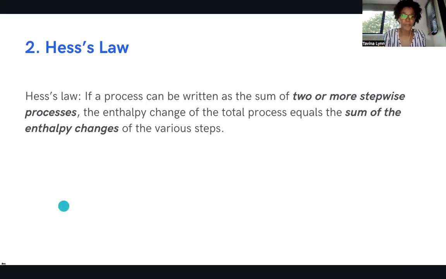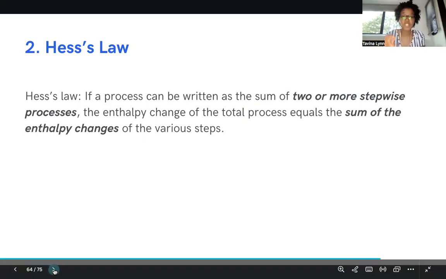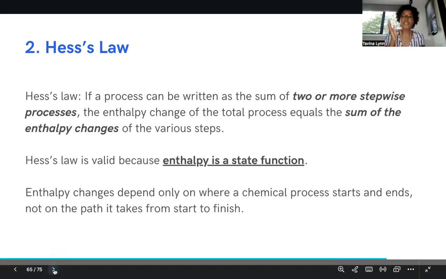We'll do an example. Before we jump into the example, the reason that we can use Hess's law, the reason it's valid, is because enthalpy is a state function. Remember we talked about that. We said change in internal energy, delta E, and delta H are both state functions.